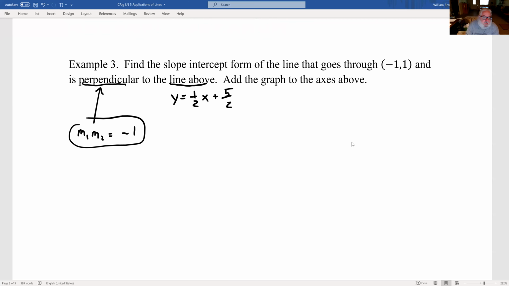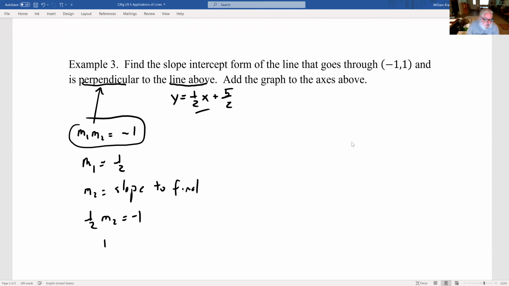So 1/2 is the slope of this line, and m2 is the slope we want to find. And so the equation becomes 1/2 times m2 equals -1. Multiply both sides by 2. We get the slope of our perpendicular line is -2.